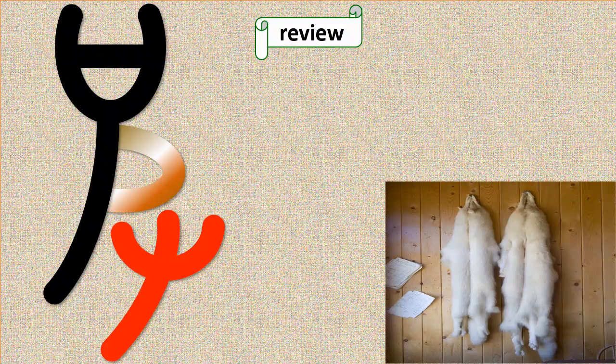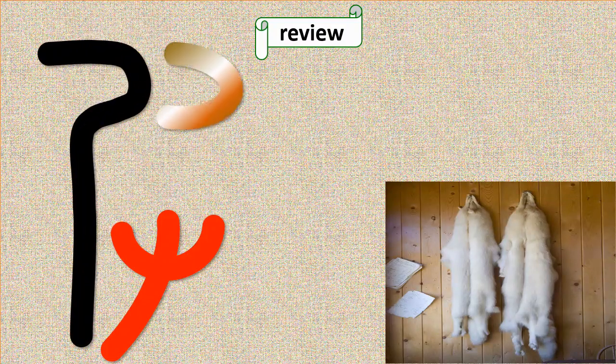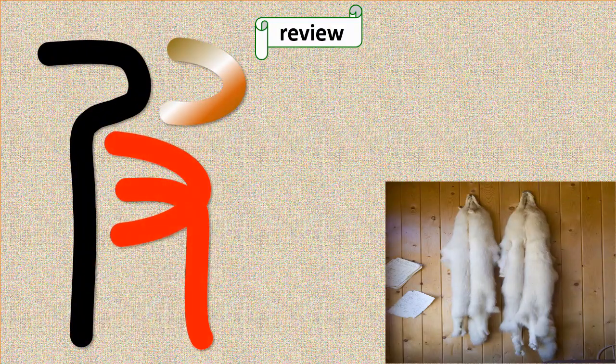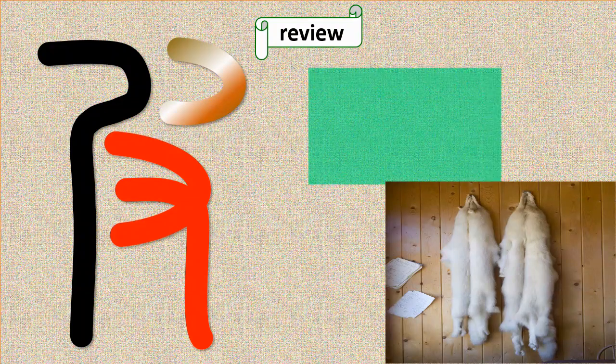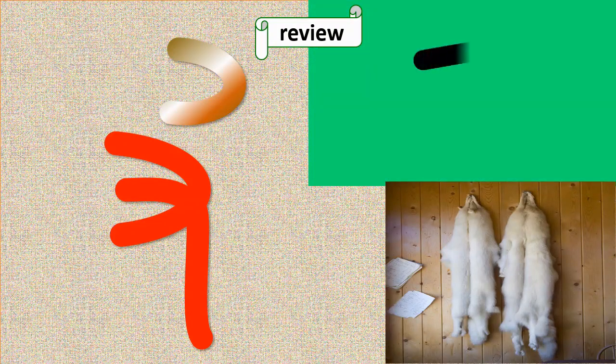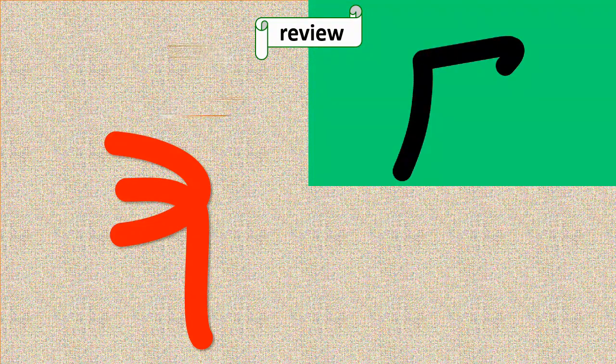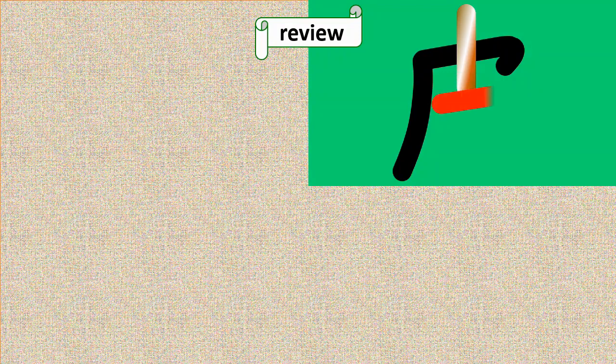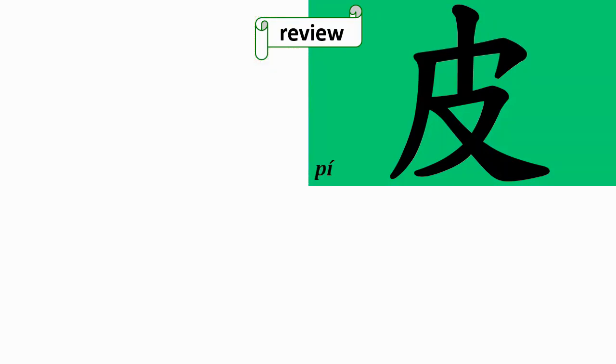The animal's open mouth and body appear on the left, while a hand grasps and peels off its hide on the right. This character can mean an animal's skin, fur, hide, or leather, or a plant's rind, bark, or peel.